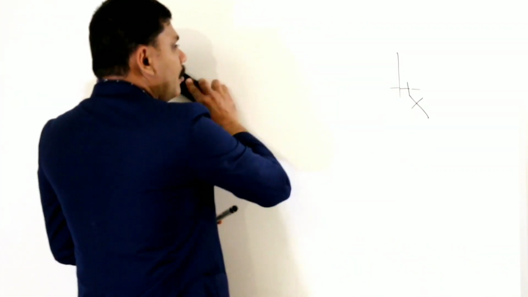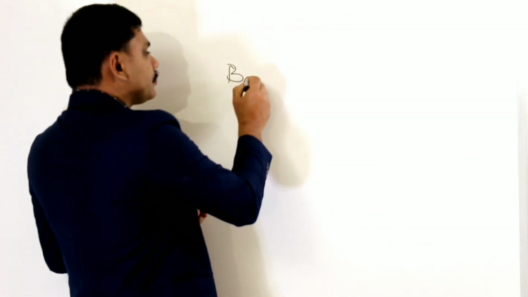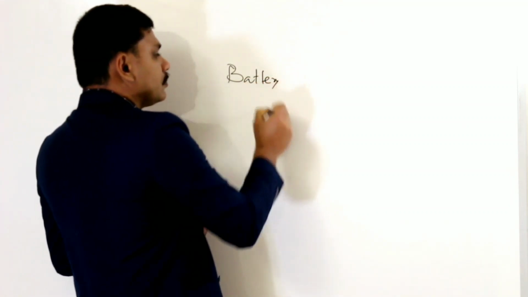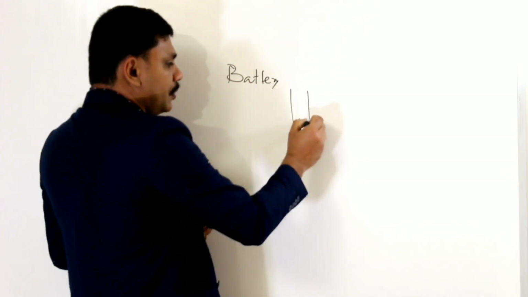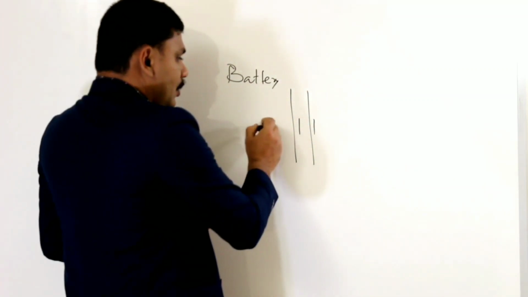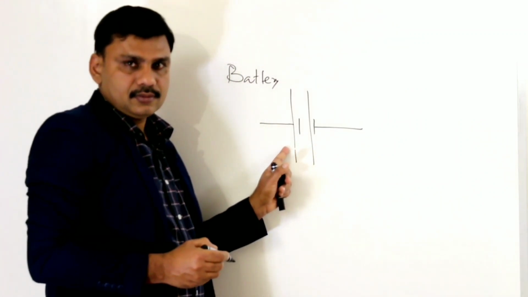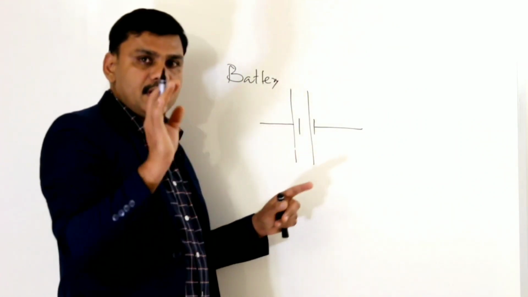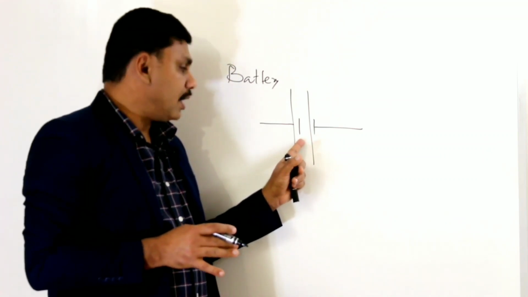And battery, how will you represent it? Positive, negative, positive, negative. Here now are two cells, so it makes a battery.